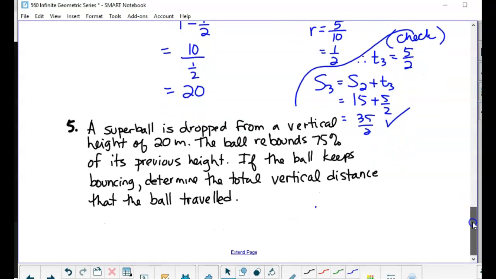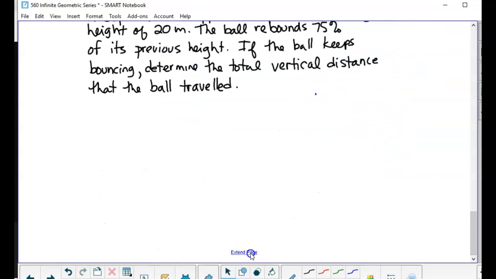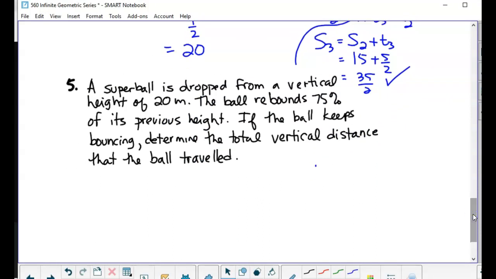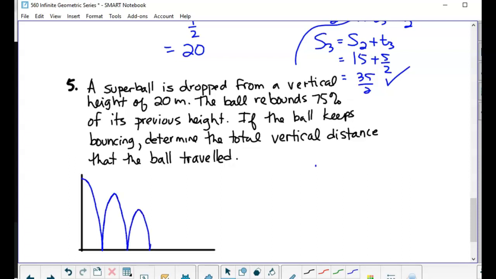Okay, so super ball question. Again, I'm going to draw a diagram to help. Okay, so the super ball is dropped, goes down, back up 75%, down. In this case, it keeps on going forever until it basically ends up going nothing, right?